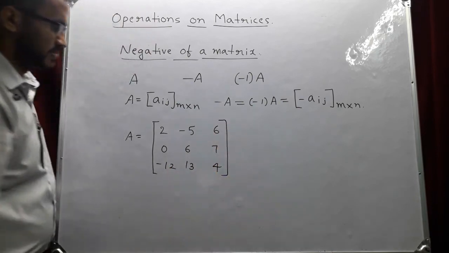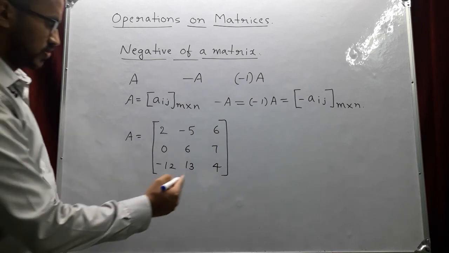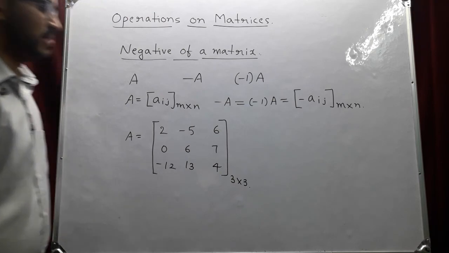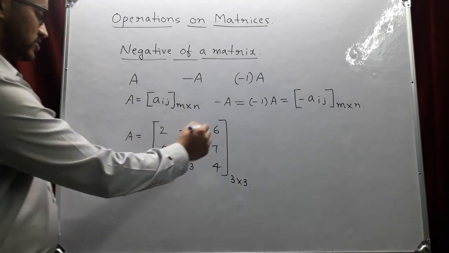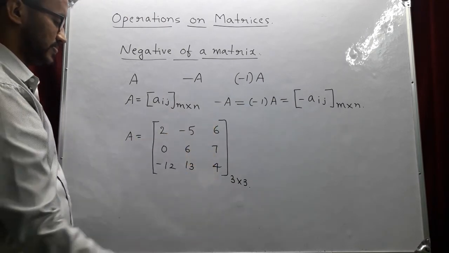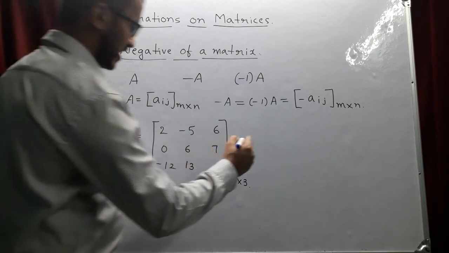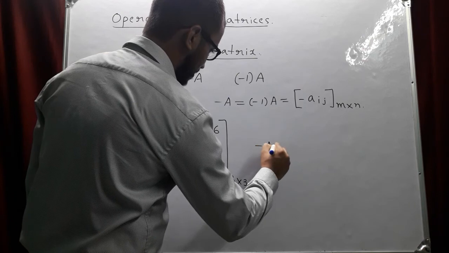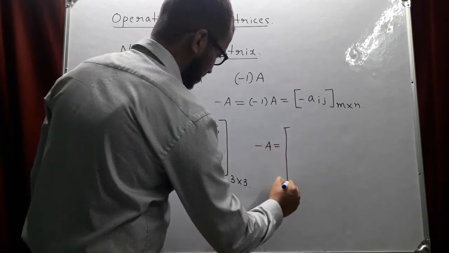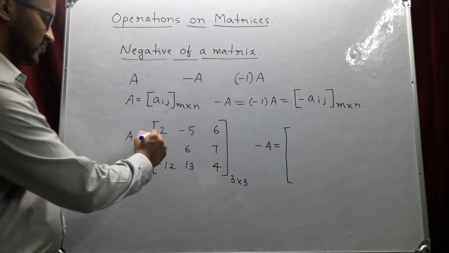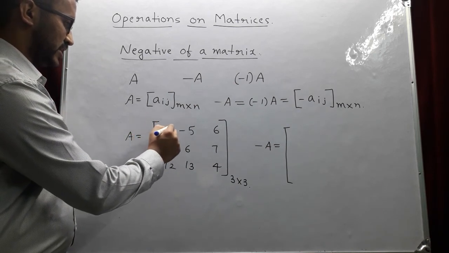So this is the matrix A. The order of the matrix is 3 by 3, so 3 rows and 3 columns. Then the negative of the matrix A, we can write it as minus A, is equal to, as I told, we have to multiply each element of the matrix A by minus 1.